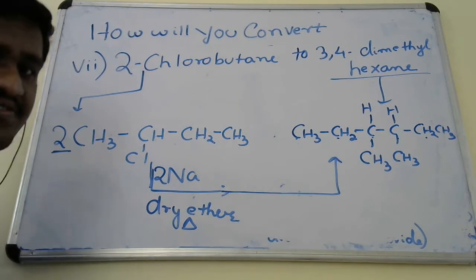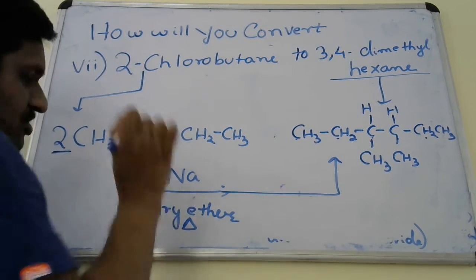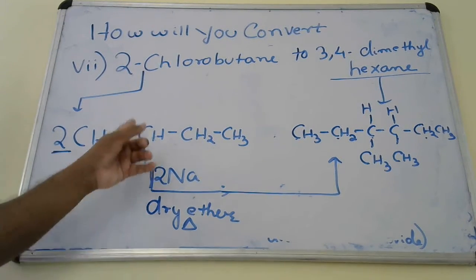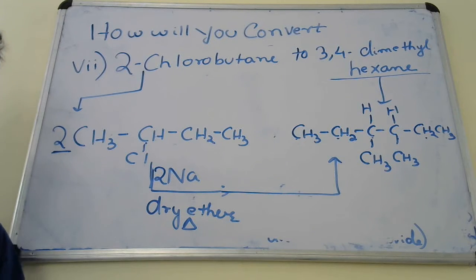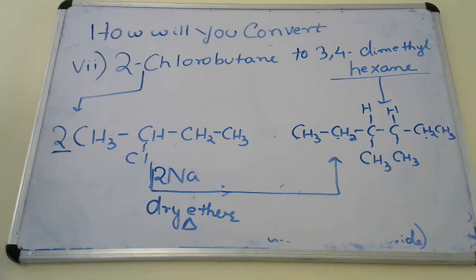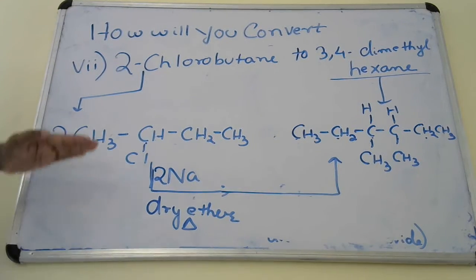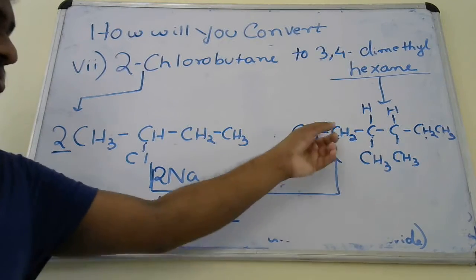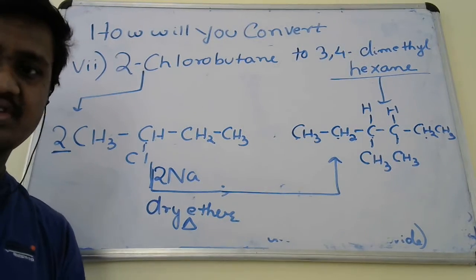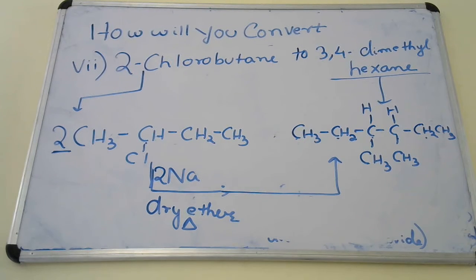A free radical site is created at this position where chlorine is attached. So there will be branching taking place here, and the 2 branched groups are linked, and that is why you obtain 3,4-dimethylhexane. This is a free radical reaction.